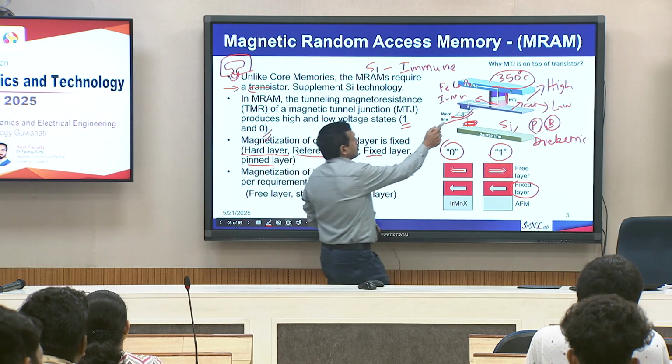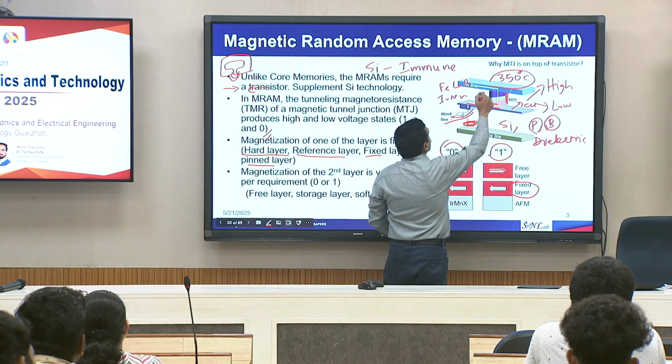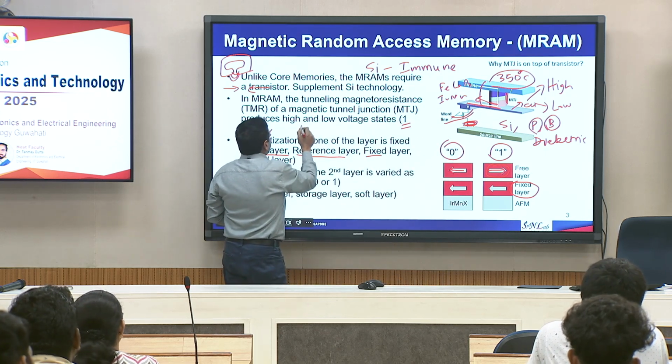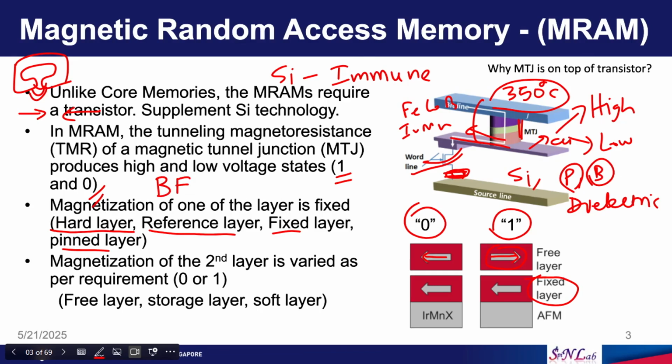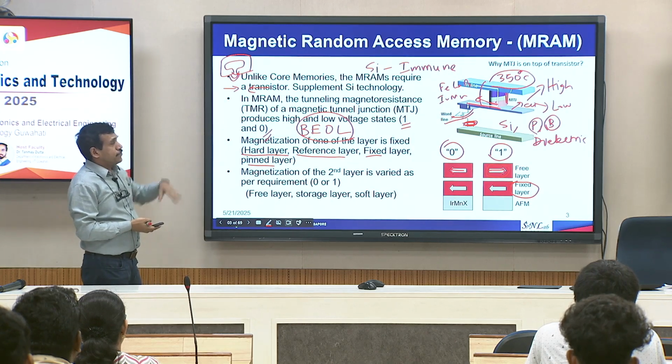Then we have some copper, some metallic layers. Then we do all these things at the back end. It is called back end of the line processing. So, we do all the other operations, like depositing the layers of the MTJ, after we finish all the transistor part.